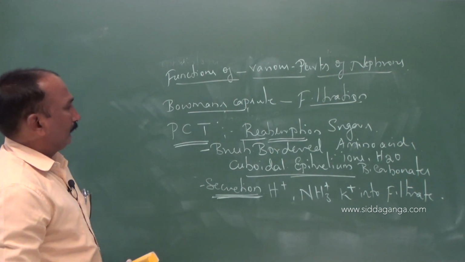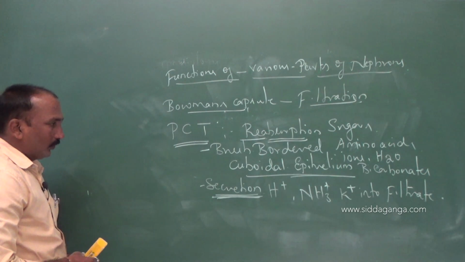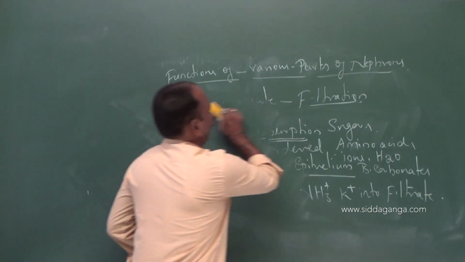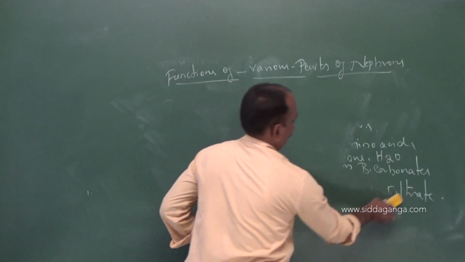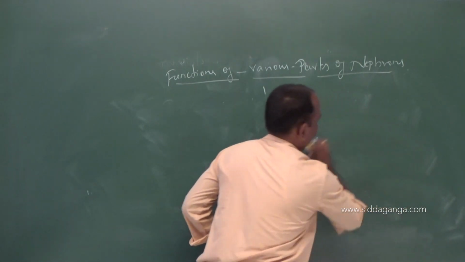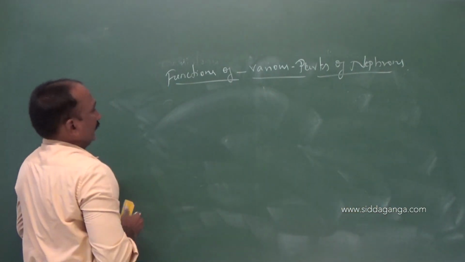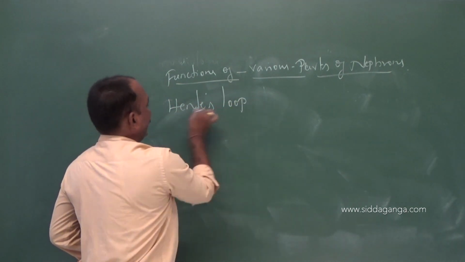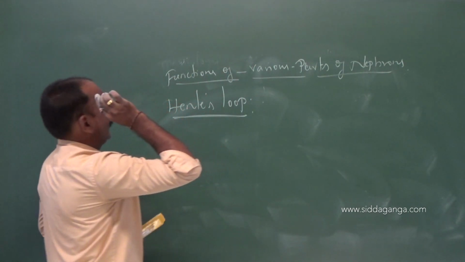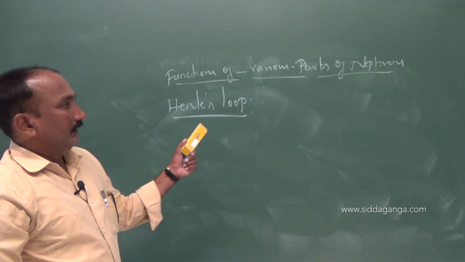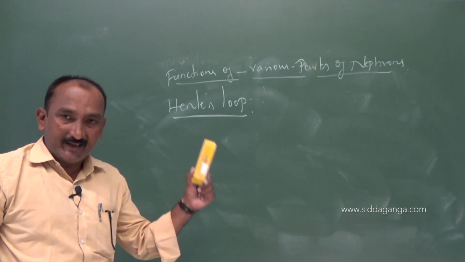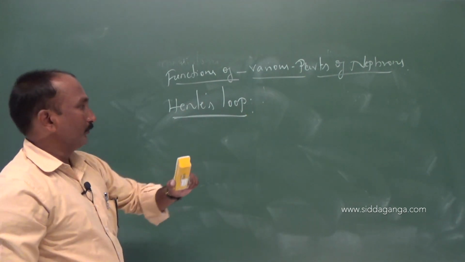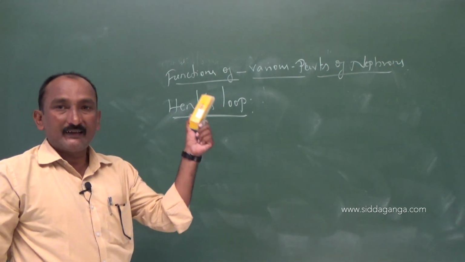Next to the proximal convoluted tubule is one more part, the loop of Henle. While studying the physiology of urine formation, I have already explained that under tubular reabsorption, the loop of Henle is also involved.